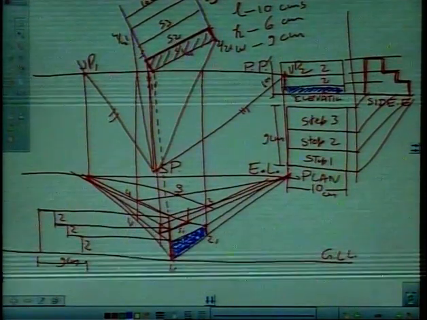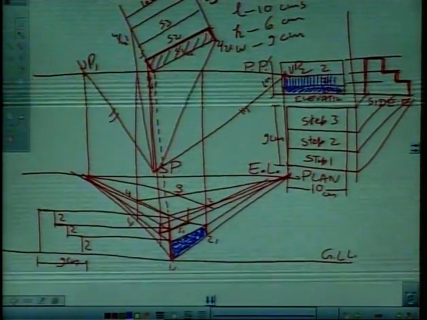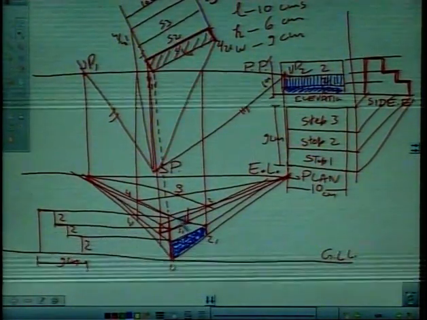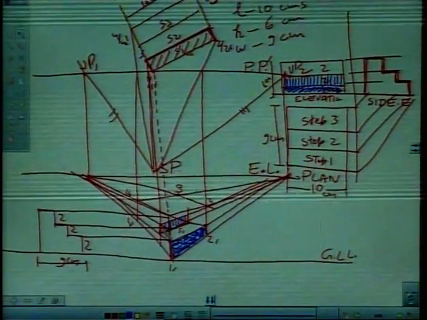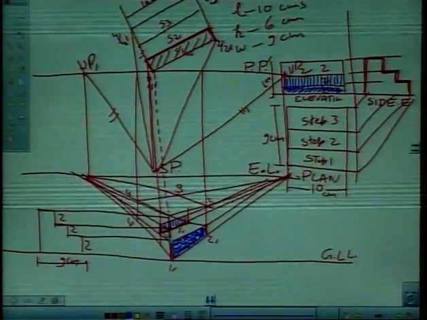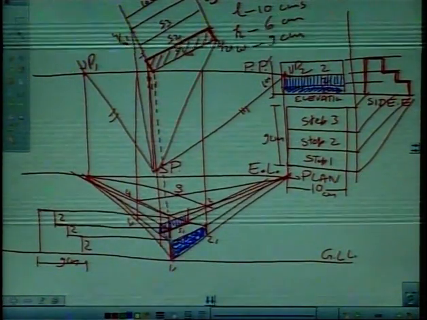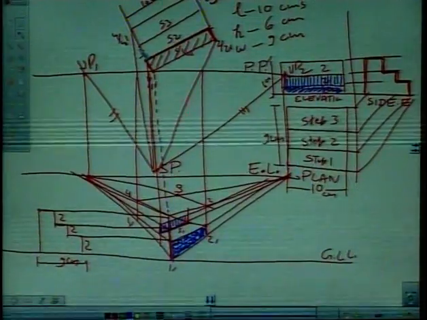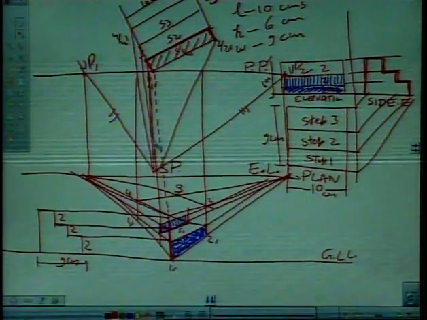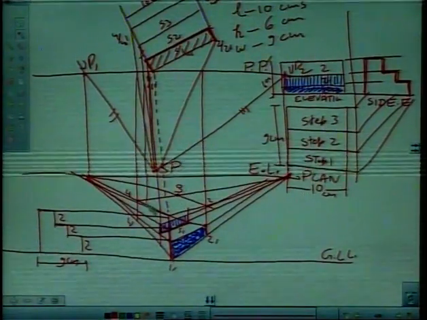Say this is second, I will draw a vertical line. This height is represented here, right? Vertical lines remain vertical and all parallel lines have the same vanishing point. So for locating the width of the second step, I will simply join this point with the station point like this and transfer this line vertically down up to this edge.